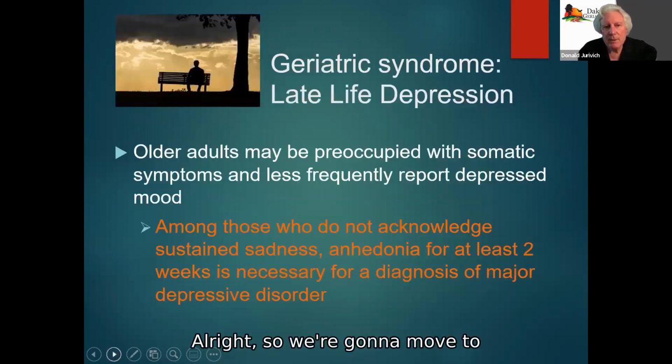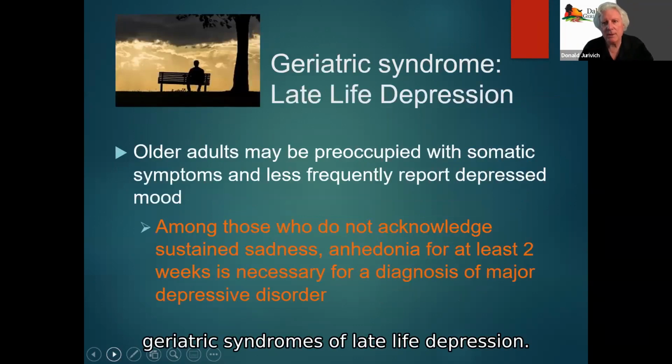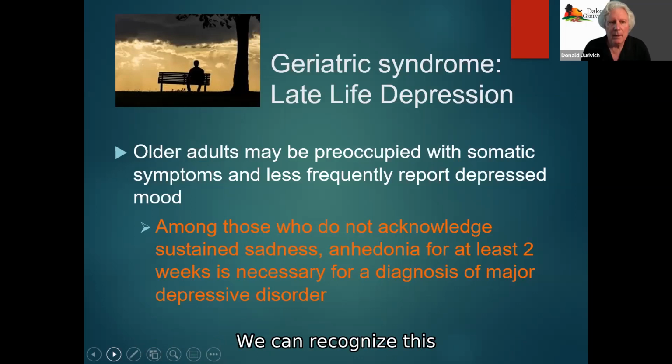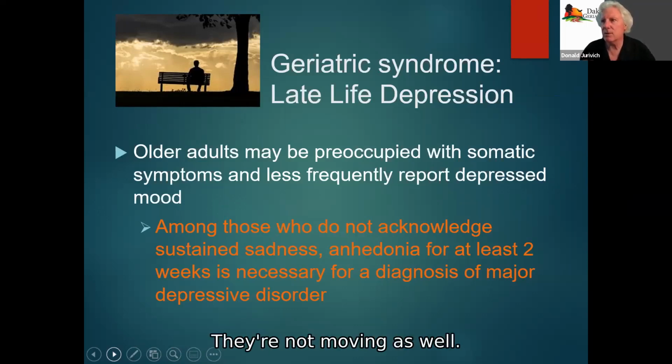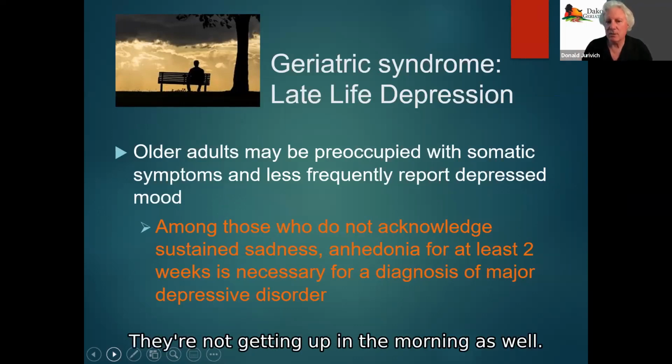All right, so we're going to move to geriatric syndromes of late life depression. We can recognize this because older adults may be preoccupied with somatic symptoms. They don't always say, I just feel depressed, right? They have more symptoms. They're not moving as well. They're not getting up in the morning as well.